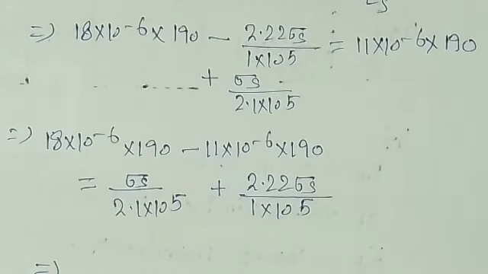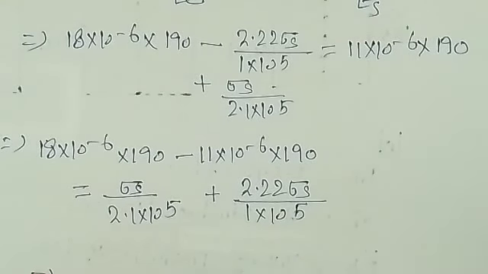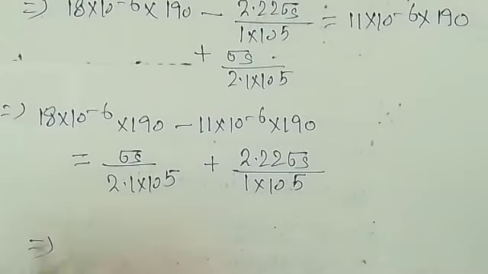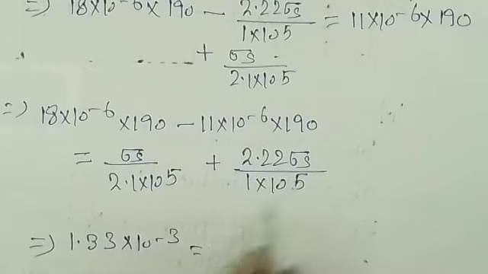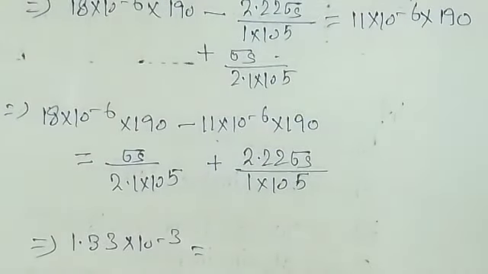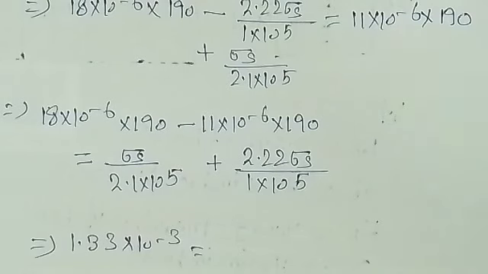7 into 10 to the power of minus 6 into 190. So this term will become 1.33 into 10 to the power of minus 3, and sigma s you will get common, so it will be 1 by 2.1 into 10 to the power of 5, right, plus 2.22 by 10 to the power of 5.